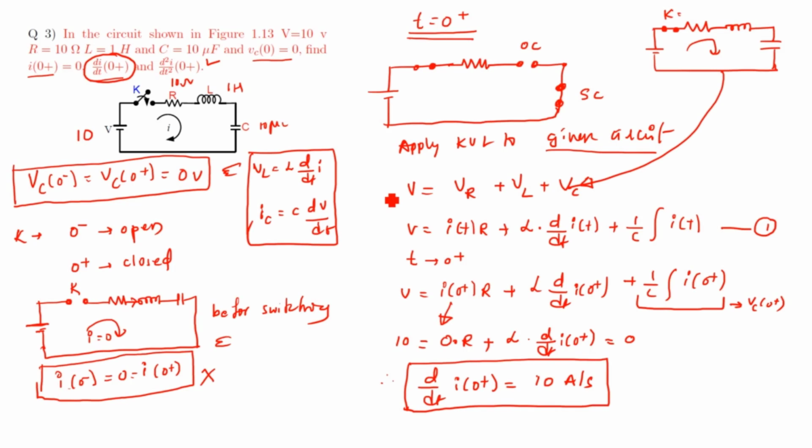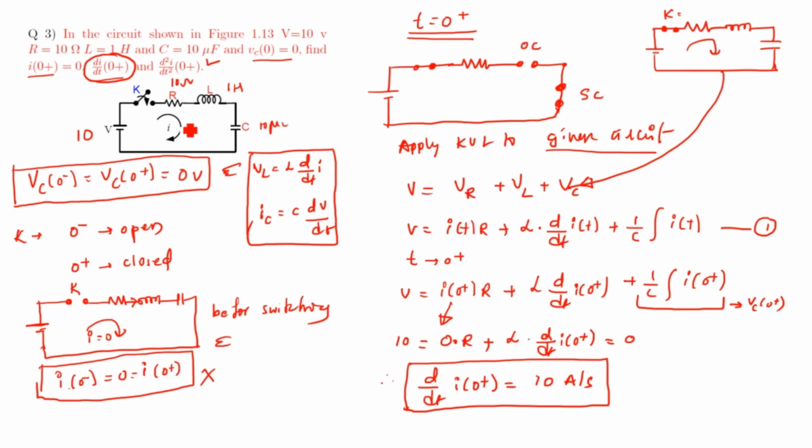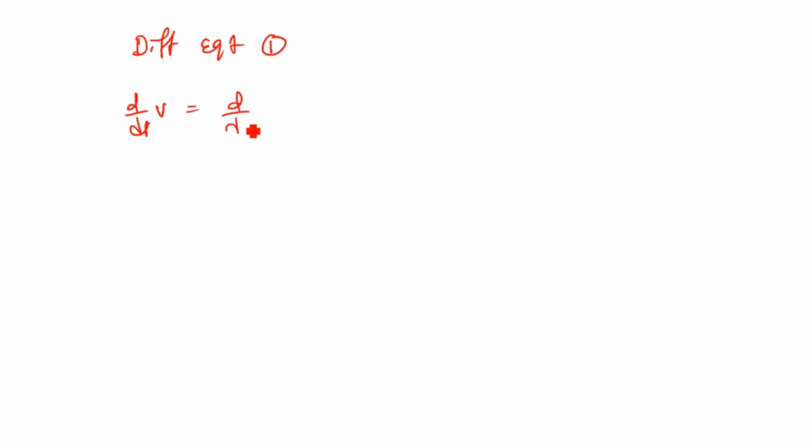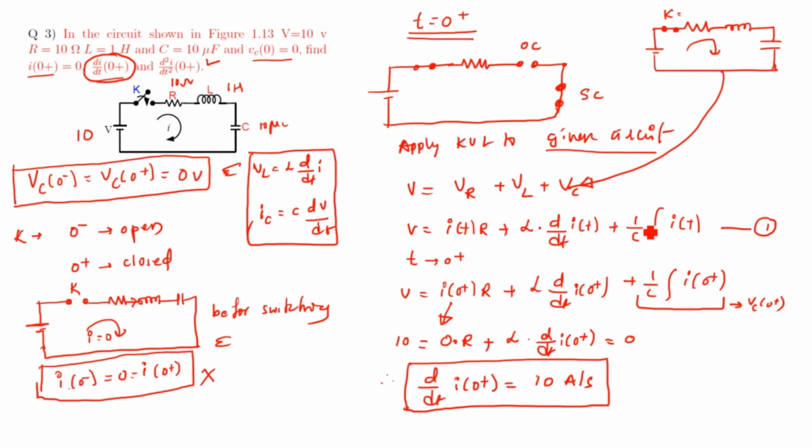Differentiation of V is d by dt of V, which equals d by dt of I of t into R plus L into d square by dt square of I of t, plus 1 by C is as it is.